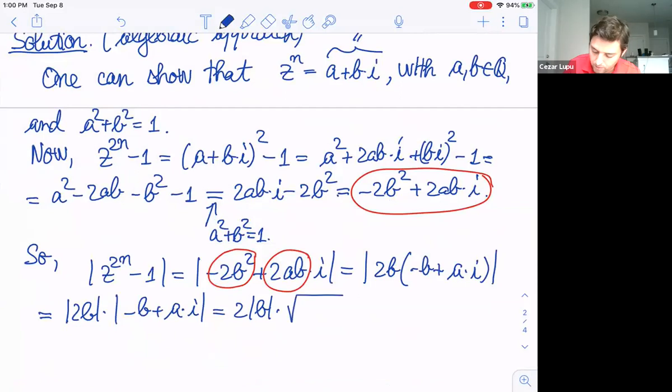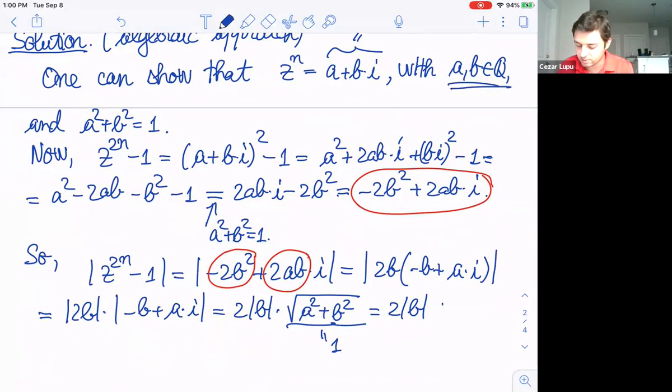It will be the square root of a squared plus b squared. But this guy, you know, it's 1. So this will be 2 times the absolute value of b. But you know that a and b, if you look here, are rational numbers. So this is again a rational number. That's it. It wasn't a big deal, right?